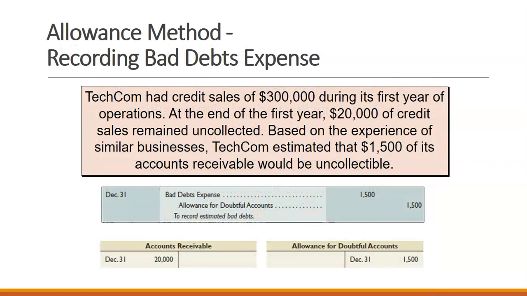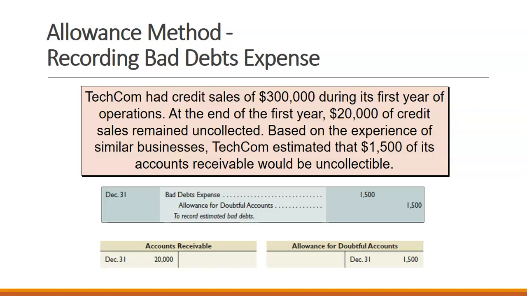So when we're using the allowance method, we generally have a percentage of sales based on historic information. We generally have an idea of how much is not going to be received. So we have this example where at the end of the year, we had $300,000 in credit sales during our year of operation. At the end of the first year, $20,000 of credit sales remain uncollected.